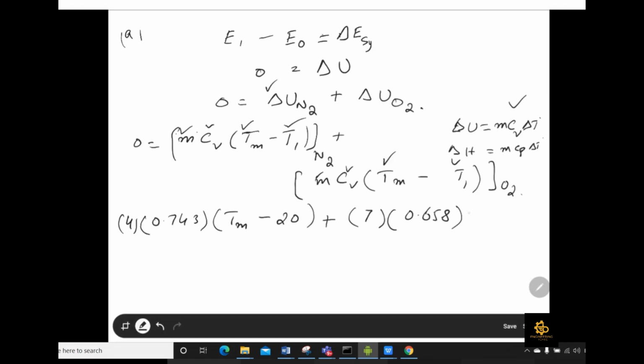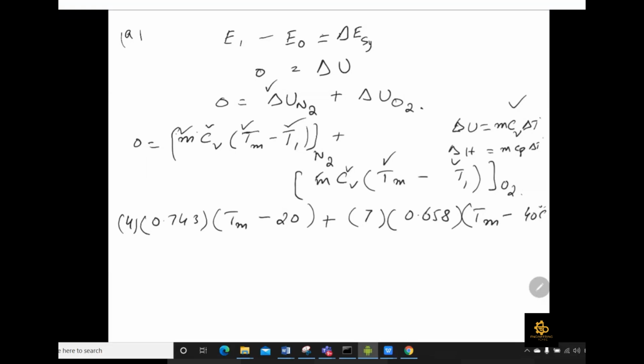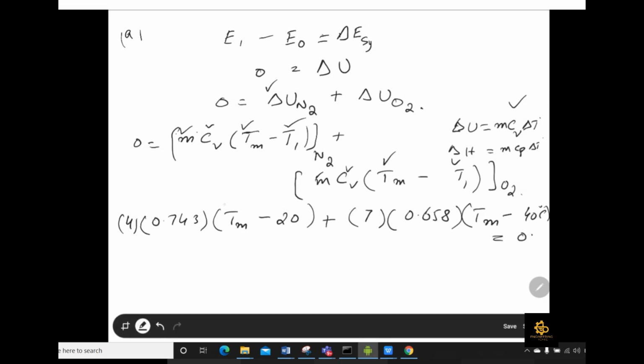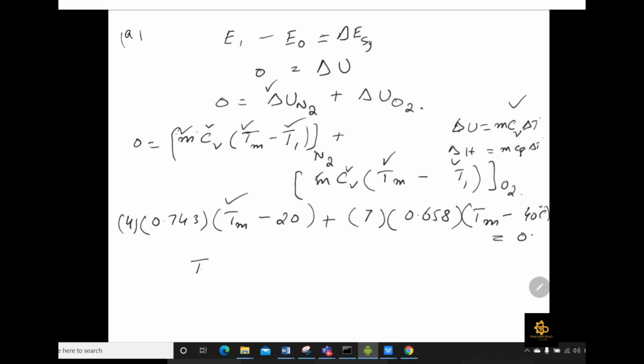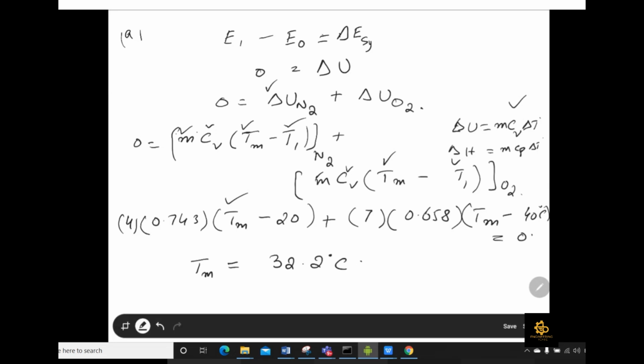Tm we have to find, and T1 is 40 degrees Celsius, and the sum is equal to 0. If we solve it for Tm with some mathematical procedure, Tm is equal to 32.2 degrees Celsius. So this is the solution for part A.